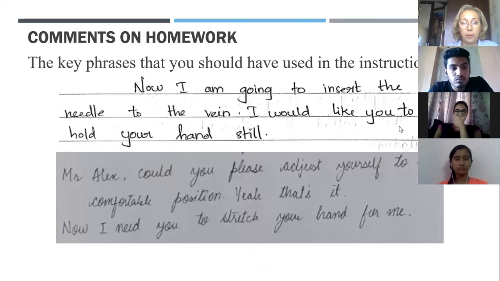And as for the previous homework, which was, you remember, to write instructions, what the doctor says to the patient. Well, the key phrases that you should have used in the instructions are presented here on this slide. So now I'm going to insert the needle to the vein.